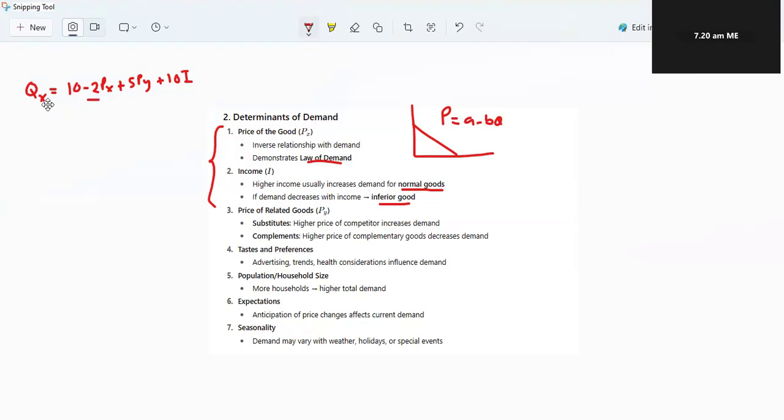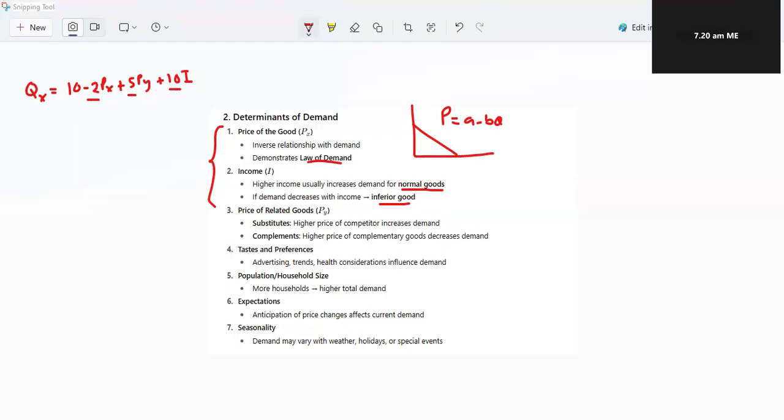So suppose this is good X and good Y. We're dealing with competing goods, Pepsi and Coke. So we're dealing with good Coke. Okay, what does this -2 mean? What does this +5 mean? And what does this +10 mean? So you need to know the interpretation.